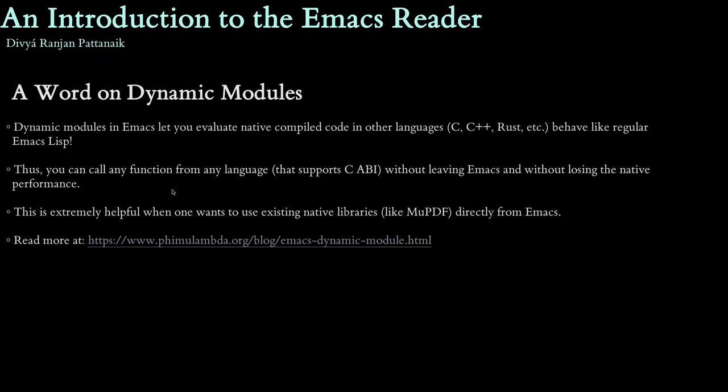You can read more on how dynamic modules work and how you can write one in this blog. This is something that I wrote myself just after starting this package, and that will give you a bit more guidance on how to use dynamic modules more efficiently. I think dynamic modules should be used more and more in Emacs, and I think their advantages have not been exploited as much as they should.